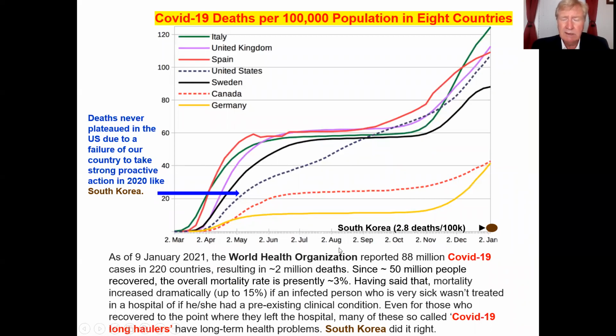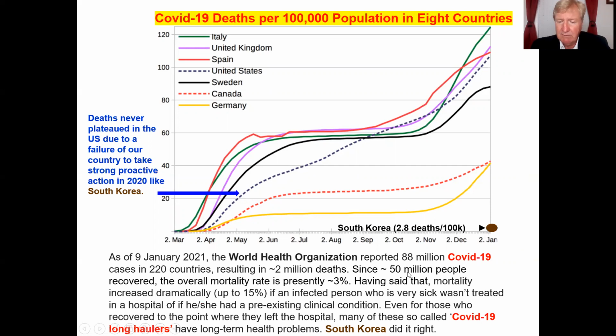Now, on this slide, this is data taken from the World Health Organization as of 9 January last month. The World Health Organization looked at this period from March to January, and they identified 88 million COVID-infected cases in 220 countries, and that resulted in about 2 million deaths.